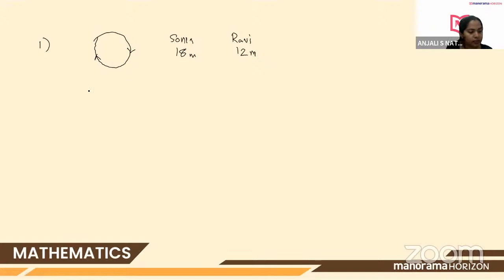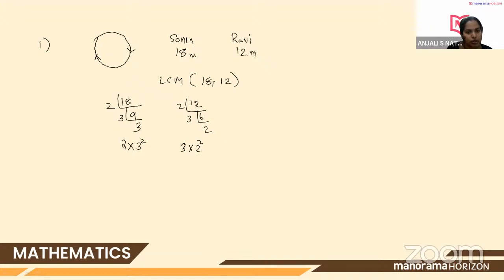So they meet at the same point again, which we'll find by taking the LCM of 18 and 12. Let's factorize 18: 2, 9, 3, 3, and 12: 2, 6, 3, 2. So this is 2 into 3 square, and this is 3 into 2 square.